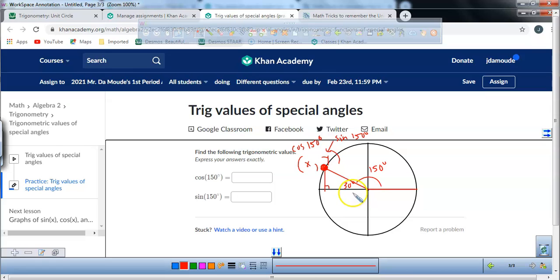If I'm in a 30, 60, 90, and I go right here, that's going to be negative radical 3. Going up is going to be a positive 1, and that's a 2. So the cosine is the adjacent over the hypotenuse. So it's going to be negative radical 3 over 2. The sine is the opposite over the hypotenuse. That's going to be 1 over 2. And that's what I'm going to have to type in.